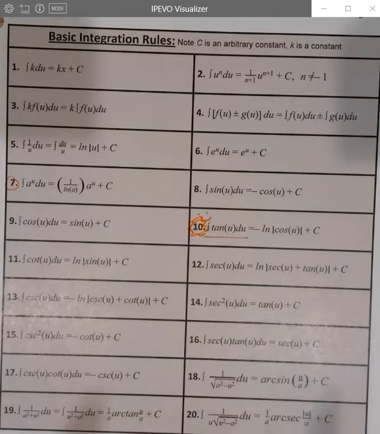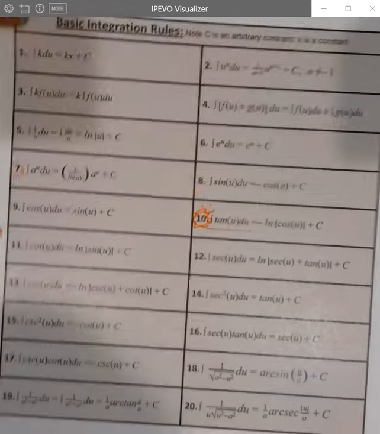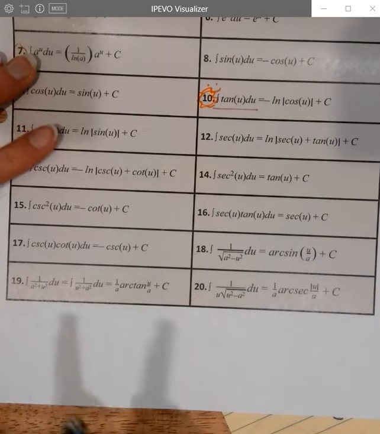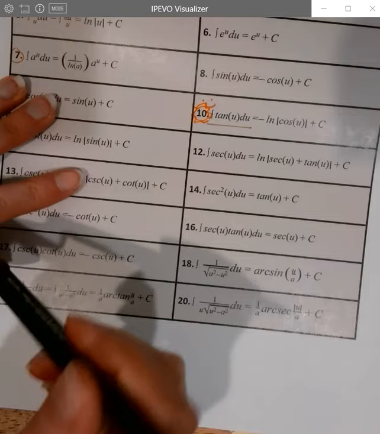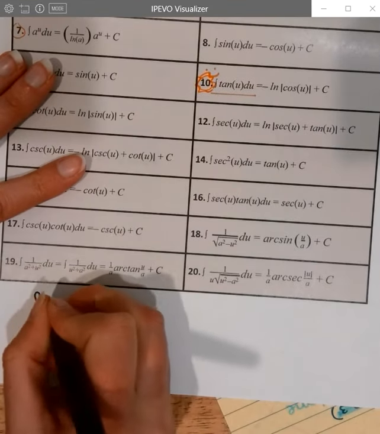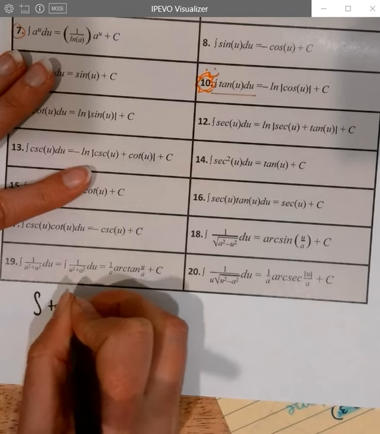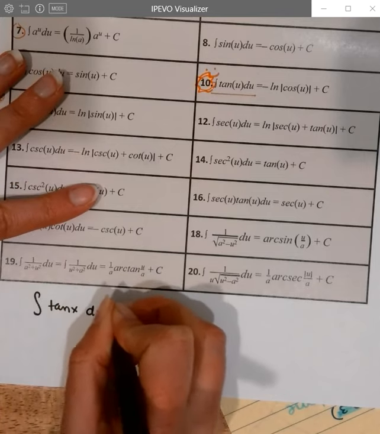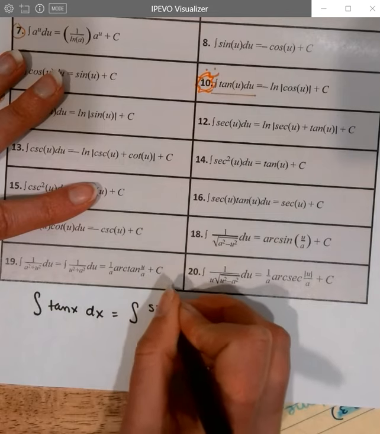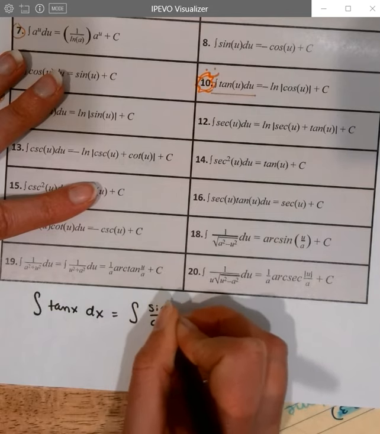That tangent one I want to spend a little bit more time talking about right here at the bottom of this page. So if I wanted to integrate tangent, where the heck did that natural log come from, since natural log is not a trigonometric function? So the first thing, we're just going to figure it out. We're going to do the integral of tangent of x. And because it just requires a u substitution and an identity, tangent of x is the same thing as sine of x divided by cosine of x.